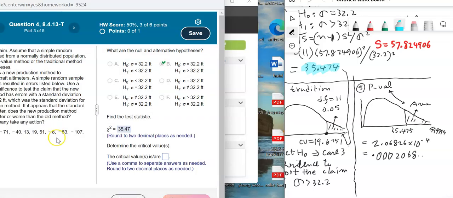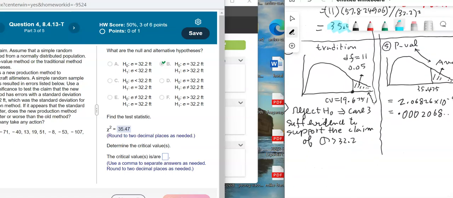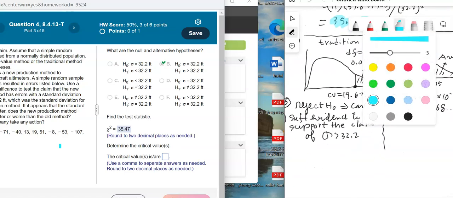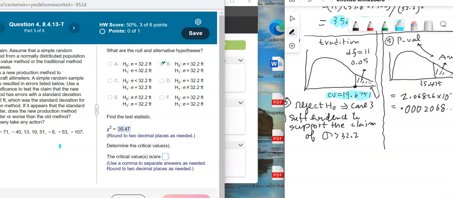Now, what is the critical value? I see they ask for the critical value. See here, critical value, right here. I wrote it there. Why do they have critical values? If it's plural, you have 2 critical values, lower side and upper side.